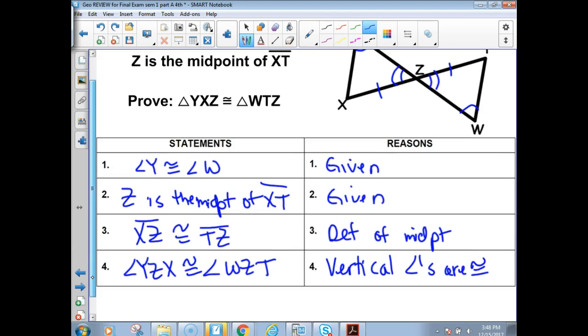Okay, then finally what you wanted to prove was that triangle YXZ is congruent to triangle WTZ, and I think I left off a box for that because we could have put both givens in the first line. And since we didn't, we would have another line for the triangle congruence, and that would be by angle, angle, side.